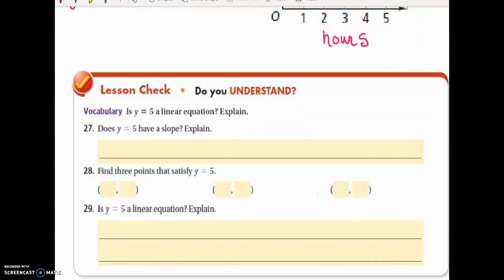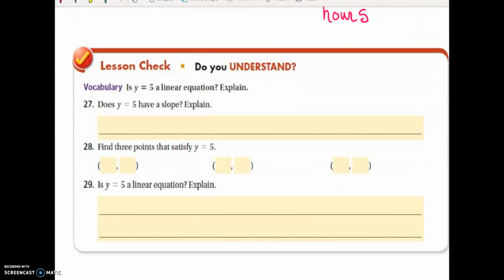I just want to do a quick check here for understanding. This is something we hadn't really talked about. For this quick lesson check here, it says, is y equals 5 a linear equation? So first I want you to think about, does y equals 5 have a slope? How do you know if it has a slope or if it doesn't?